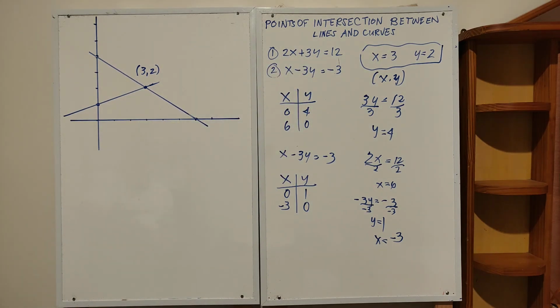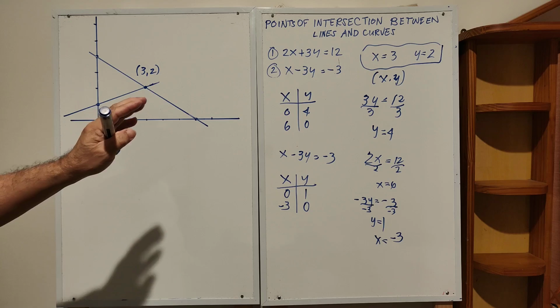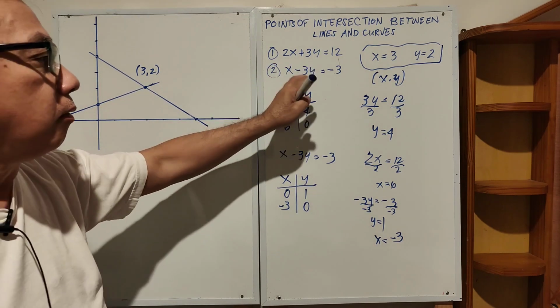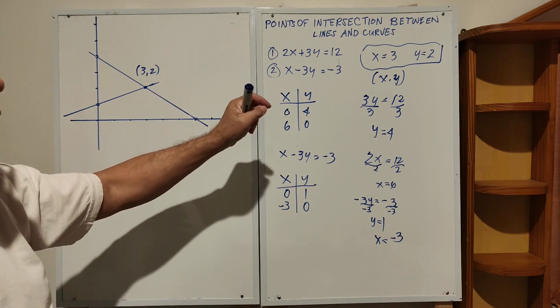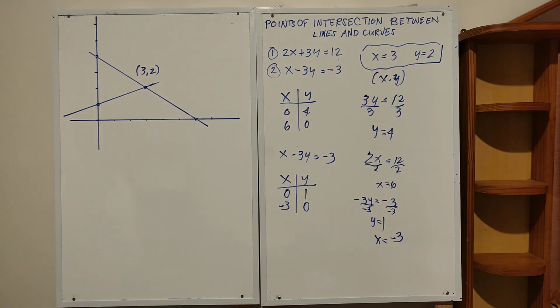Now this is also applicable to curves. If you solve for the x and y of the curves, either a curve and a line or both curves, it will be the point of intersection.